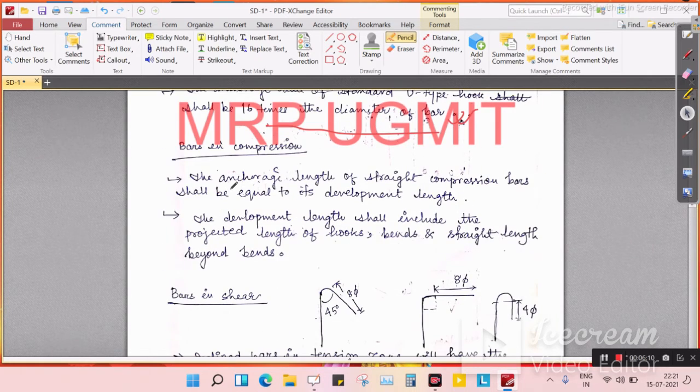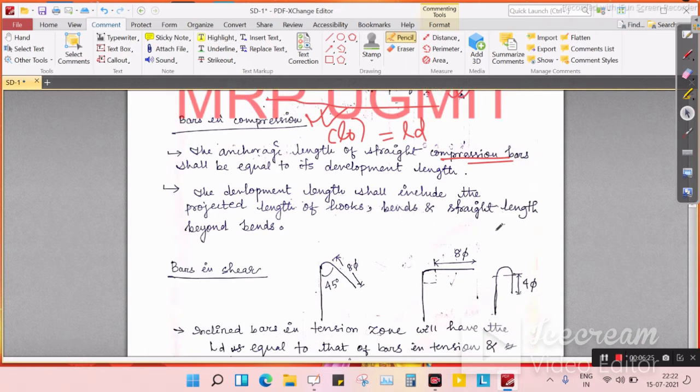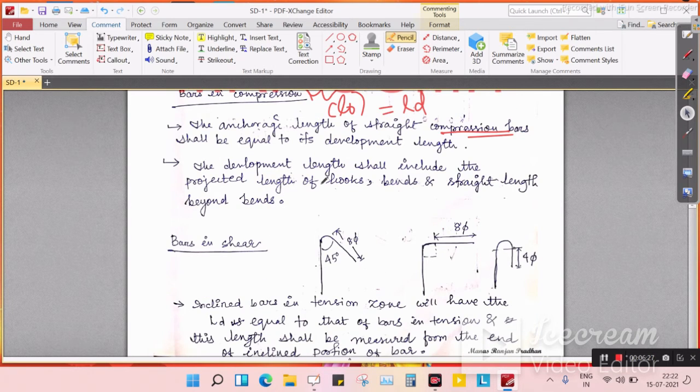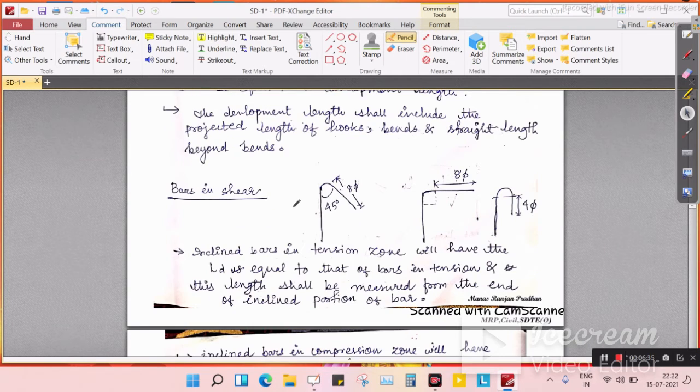Next, for bars in compression, the anchorage length, that is L0, of a straight compression bar shall be equal to the development length of the straight compression bar. Next, the development length shall include the projected length of hooks, bends, and straight length beyond bends.